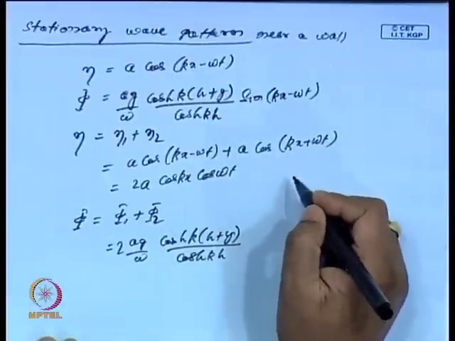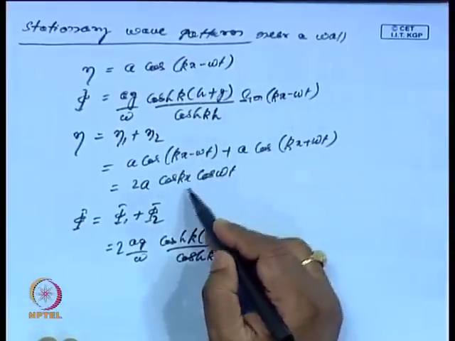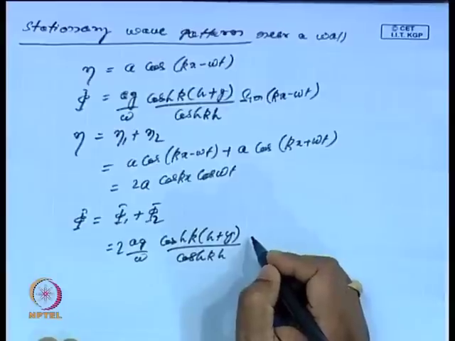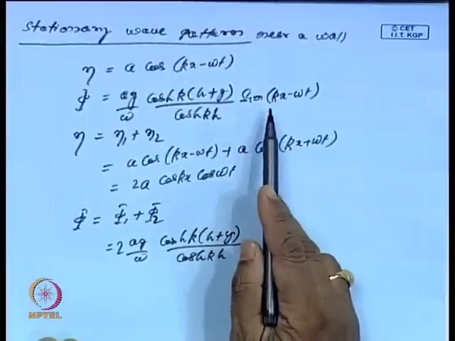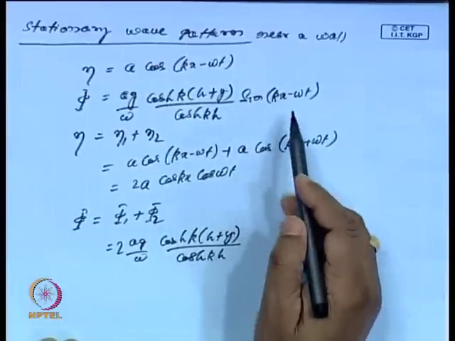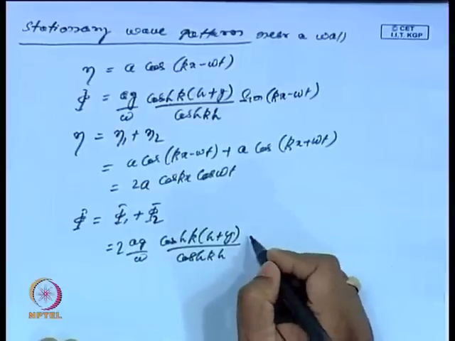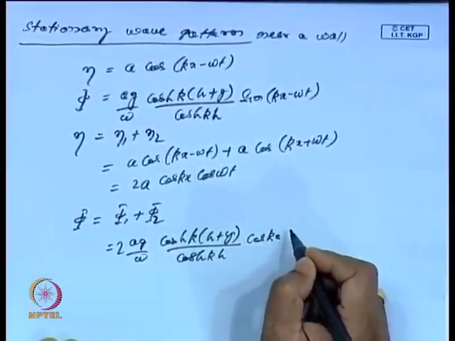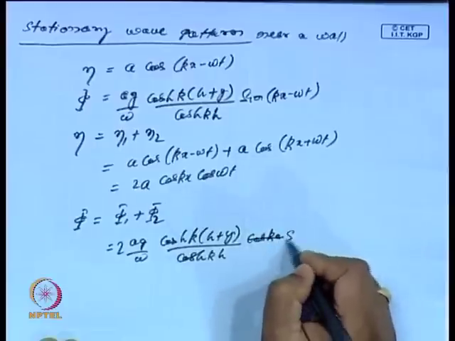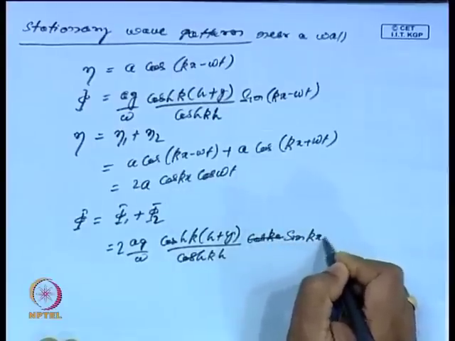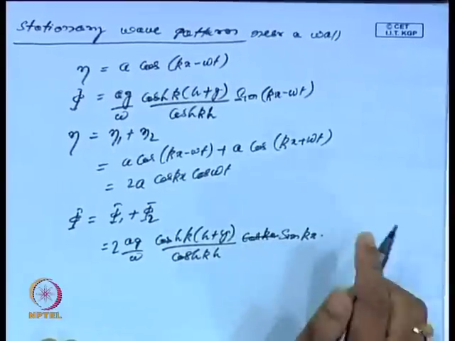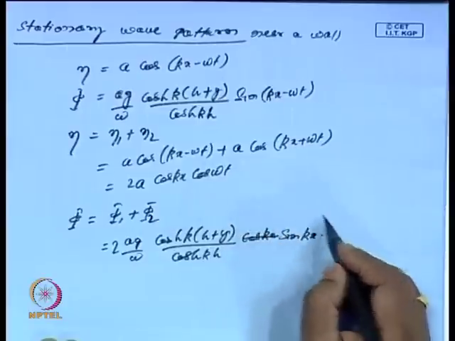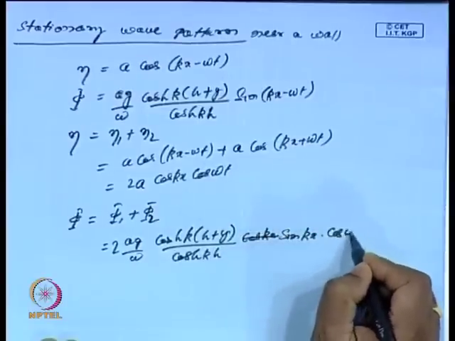So here, cos kx cos omega t, and this will give us cos kx sin kx sin omega t, sin kx cos omega t.